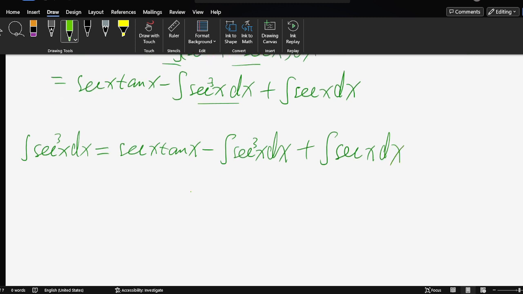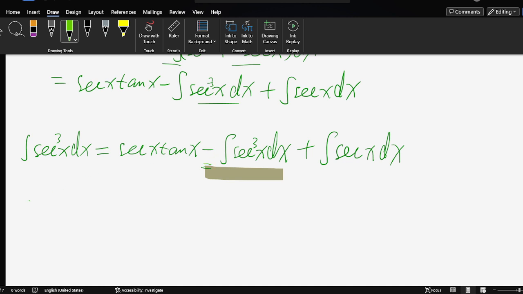So here we move this part to the left. So this is negative, it becomes positive.